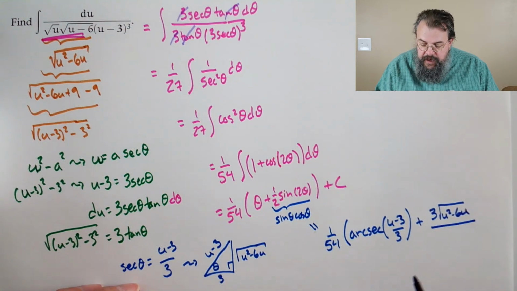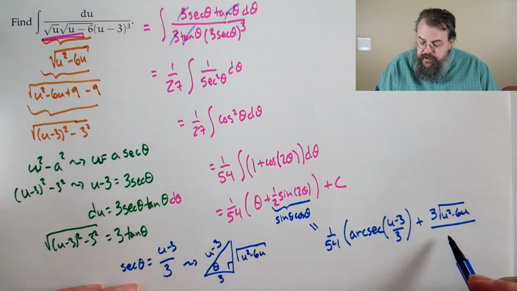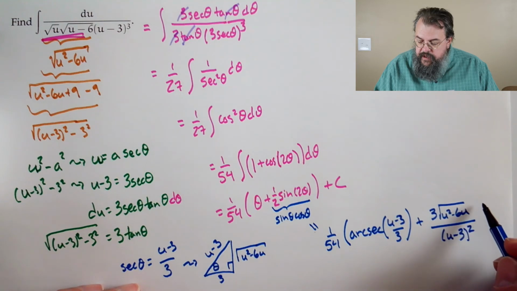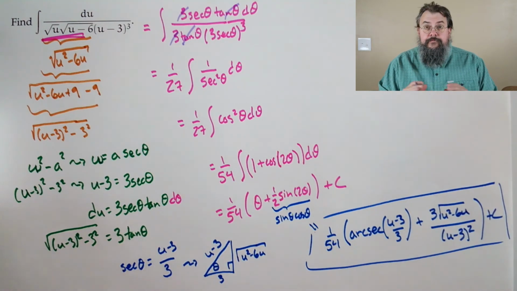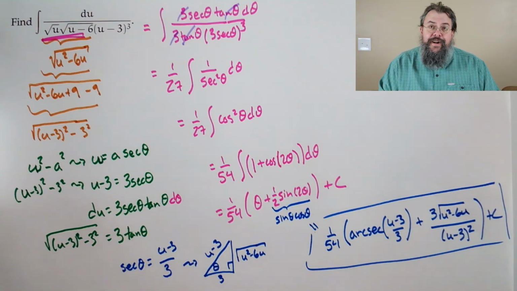And then in the denominator, we'd have this hypotenuse squared, u minus 3 squared. And, of course, plus c, and we're done. Everything's back where we started.